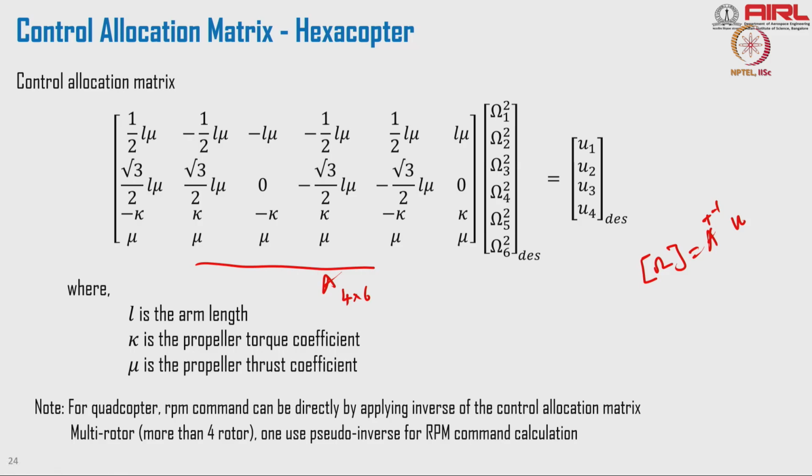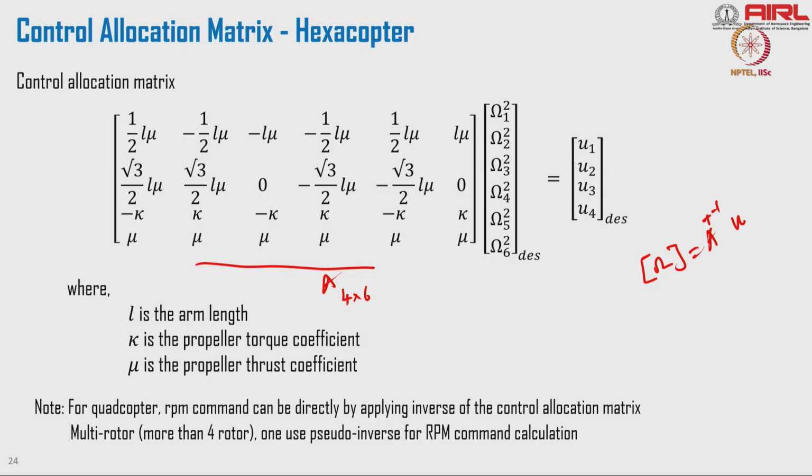Again, for an octocopter it differs based on the configuration. I am not going into the various configurations of the control allocation matrix. If it is a plus configuration or a cross configuration, the control allocation matrix will be different, and even in a quadcopter, your arm may not be parallel to the surface, it may be slightly inclined.